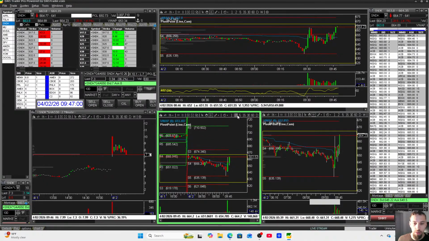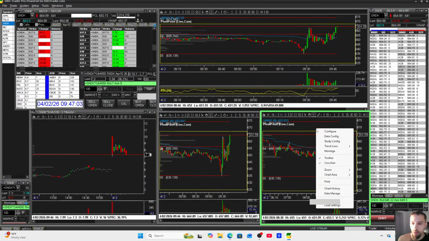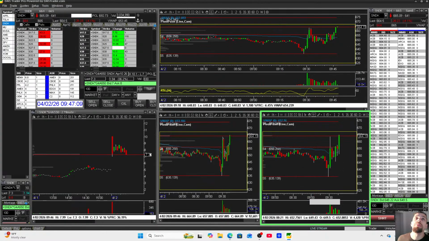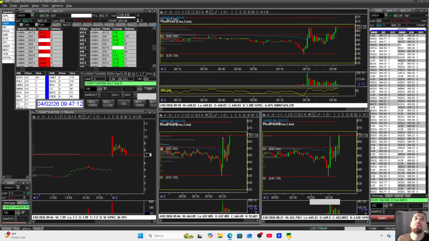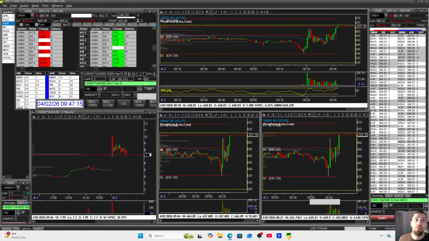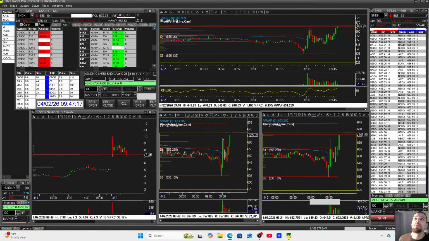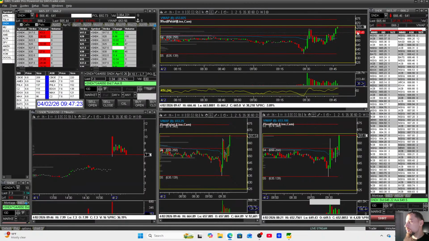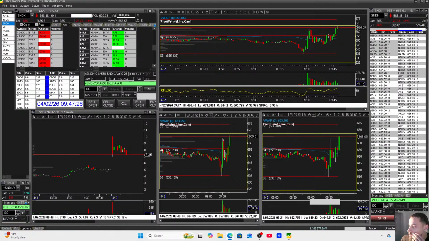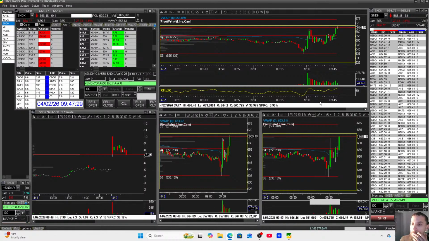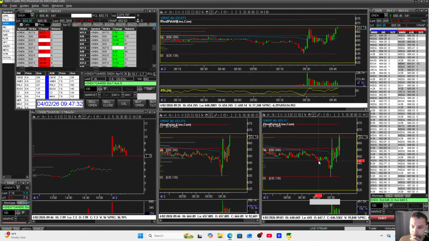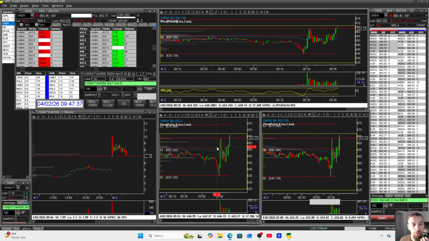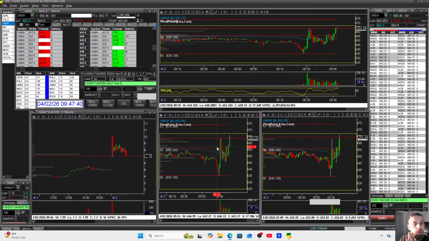It's a 15-minute. Excuse me. SPY and Qs look like they're trying to go green here. Just watching the price action on SNDK.